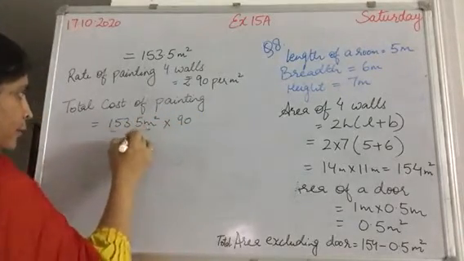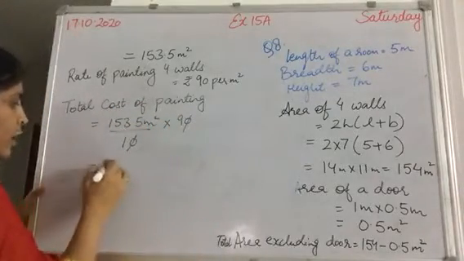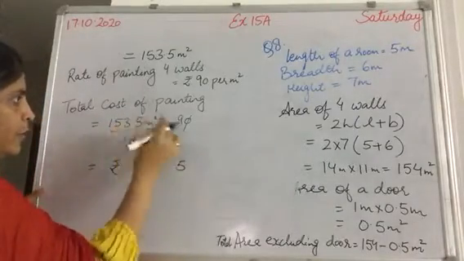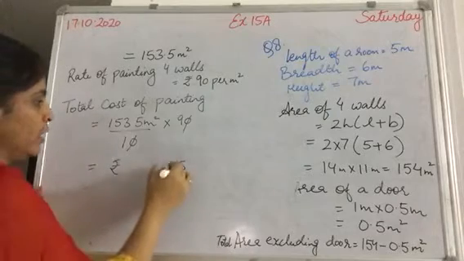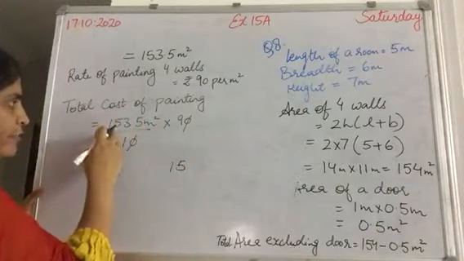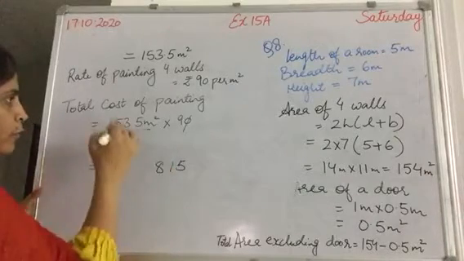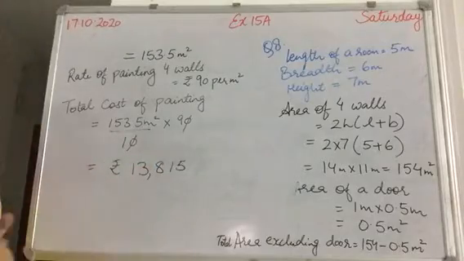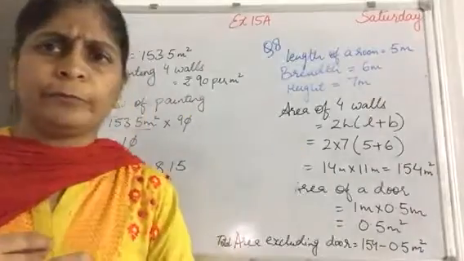Let's remove the point, cut the 0. Answer will be in rupees. 9 5s are 45, carry 4, 9 3s are 27, 31, carry 3, 9 1s are 9, and 4, 13,815 is the total cost of that.